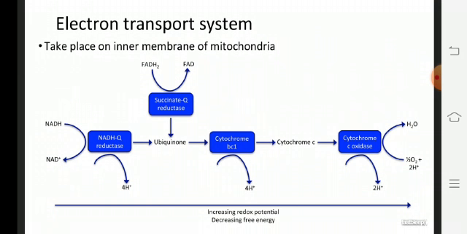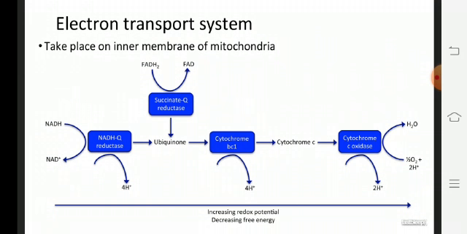It takes place in the inner mitochondrial membrane, on the Racker's particles or F1 particles. F1 particles or Racker particles are knob-like structures present in the inner mitochondrial membrane.